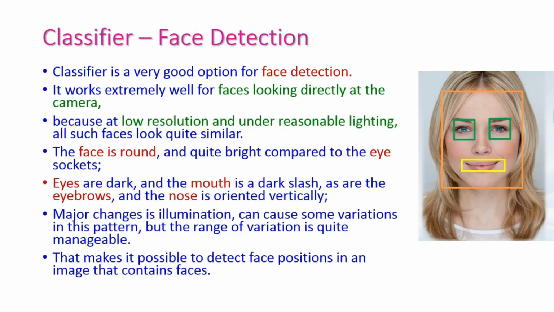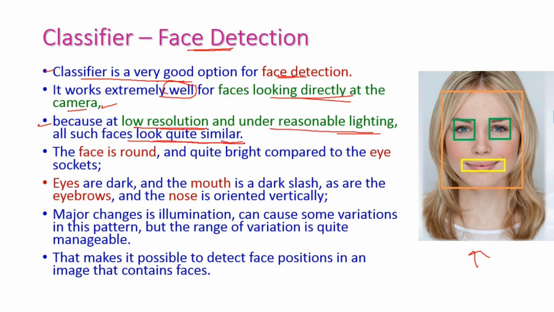Next let us see how the classifier is used to detect faces. The classifier is a very good option for face detection, and it works extremely well when the face is looking directly at the camera. If the face looks directly at the camera, then it will work extremely well, because at low resolution under reasonable lighting all such faces look quite similar.